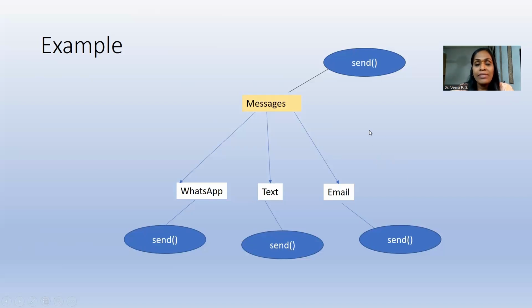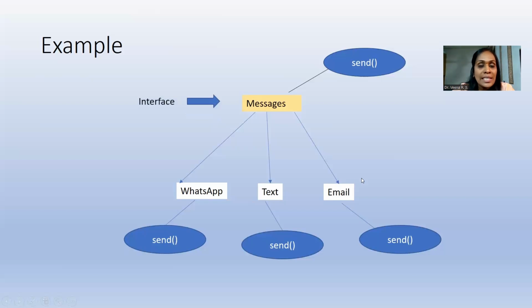So in this case, if you consider this diagram, you can say that messages is nothing but an interface, which says that there is an operation to be performed as send, but internal implementation is hidden in this case. But when we talk about the send method or send behavior in WhatsApp or in text or in email, that is nothing but the actual definition.